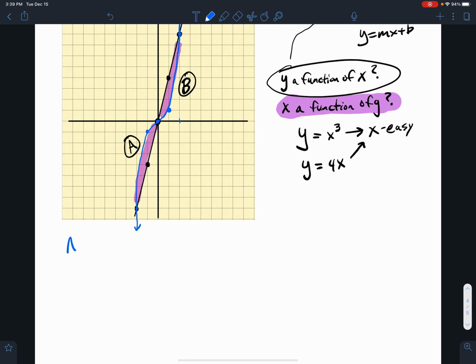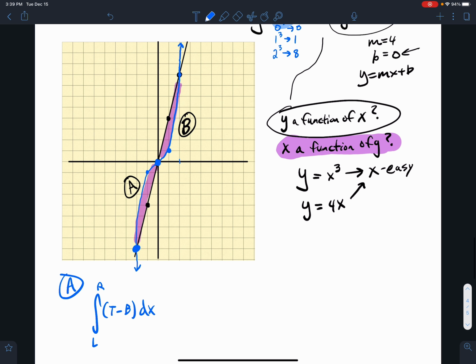For region A, integral from left to right, top minus bottom, dx. What is the leftmost one? Well, these are places where the curves are equal to each other. How do we find that? We set them equal. So x cubed equals 4x. Solve, set them equal.